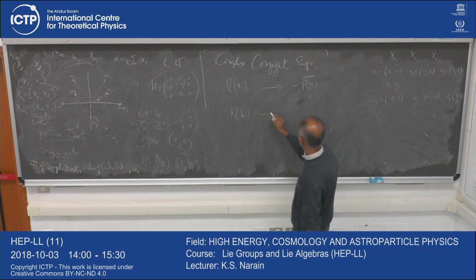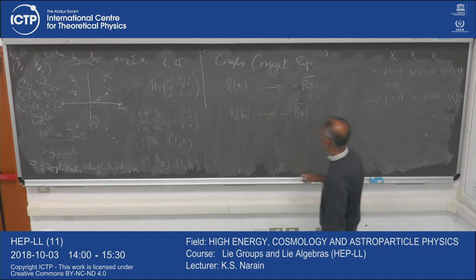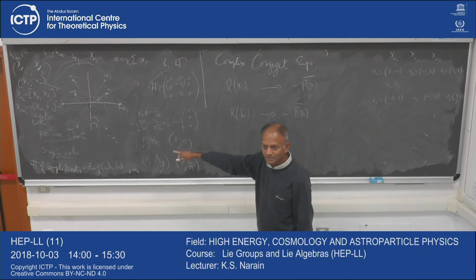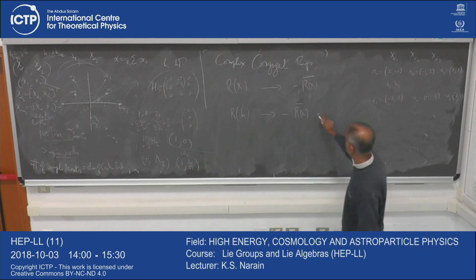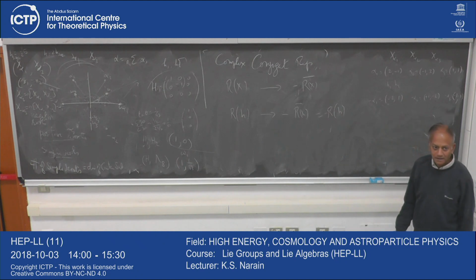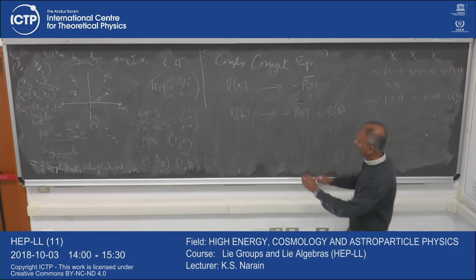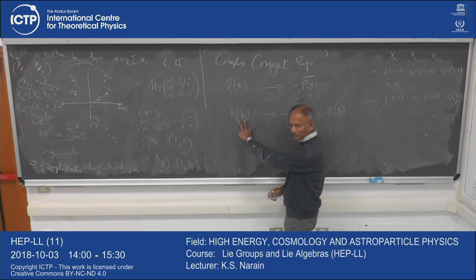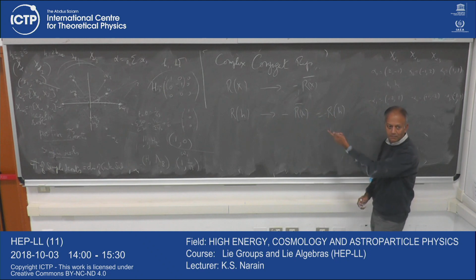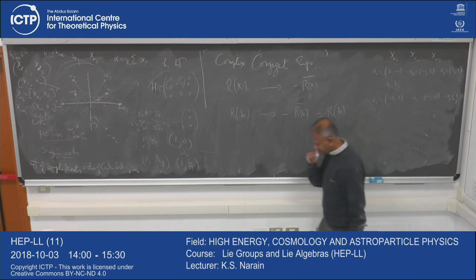That's going to be minus R bar of H, but the H that we have chosen are all real, so it is the same as minus R of H. That means whatever eigenvalues were there in the original representation, in the complex conjugate representation your eigenvalues will all become minus of it.